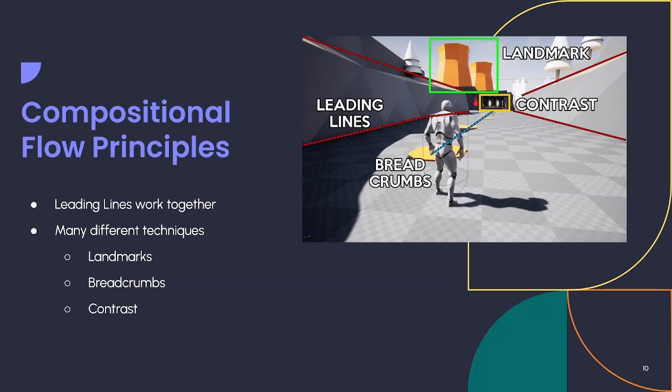The contrast draws your attention to be like, okay, I have to go here instead of the landmark. This is where I'm going. And then the breadcrumbs really lead you directly to there and really make sure you know you're going in the right direction. Another really good example of breadcrumbs are the coins in Mario that lead you to different jumps. Those are a perfect example of breadcrumbs being used to lead a player to complete a very specific action.